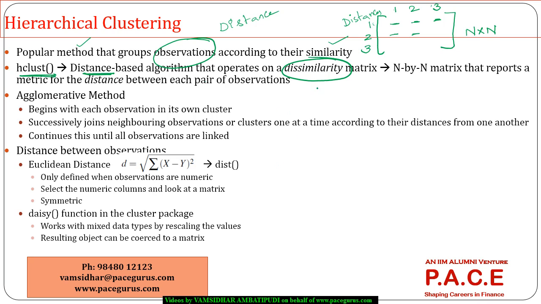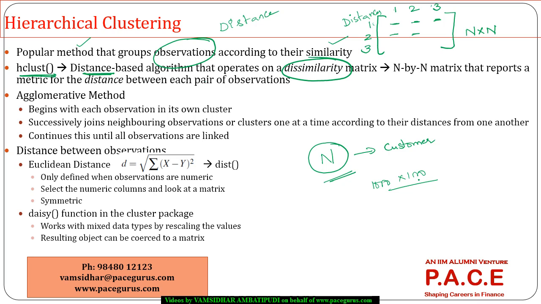If I have a total of n data points, n customers, I will get an n by n matrix. So with 1000 customers, I'll get a 1000 by 1000 matrix. Between each pair of observations, it reports a metric for the distance.